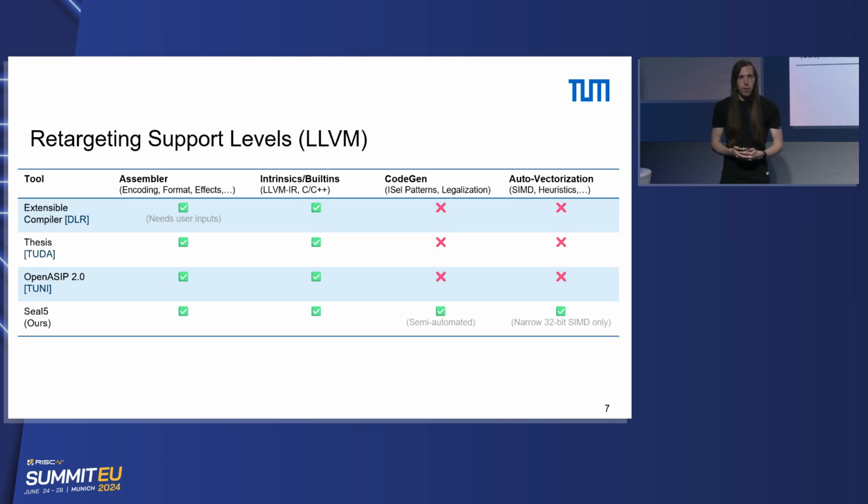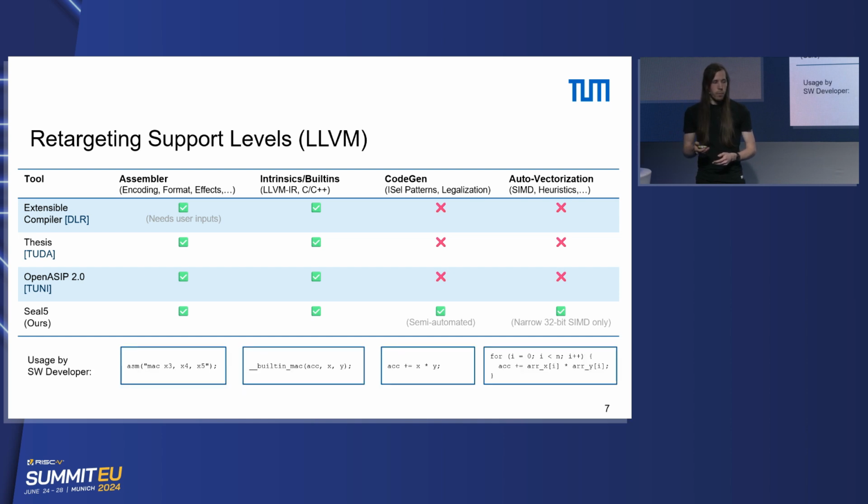Before I talk about our approach, I would like to introduce the different levels of retargeting support which can be added for LLVM. The first level is assembler level support, and you almost certainly need to implement that to make use of new instructions.